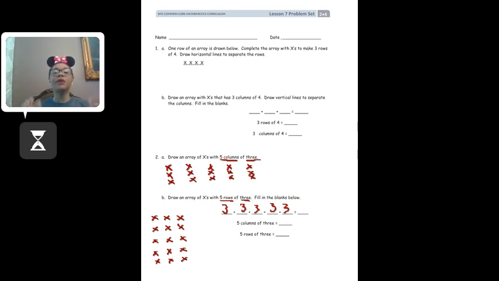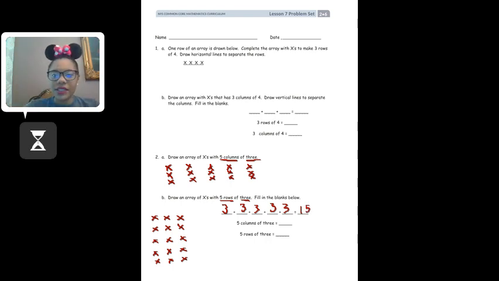So now we have 3 plus 3 plus 3 plus 3 plus 3 equals how much? Now we could count them individually. We could skip count 3, 6, 9, 12, 15, or we could add 3 plus 3 is 6, 6 plus 3 is 9, 9 plus 3 is 12, and then 12 plus 3 is 15. That's right. So we know the answer to our repeated addition equation is 15.